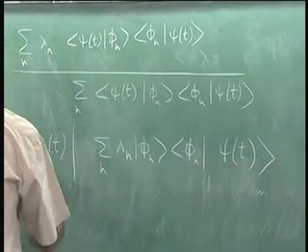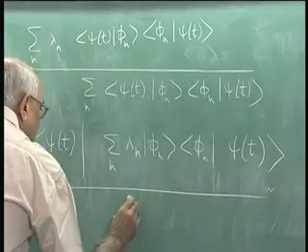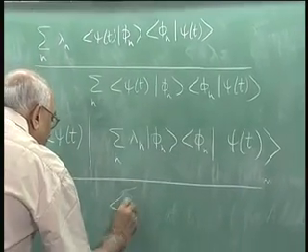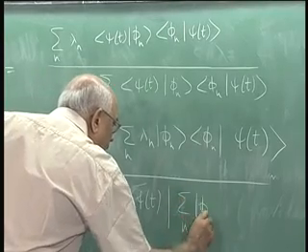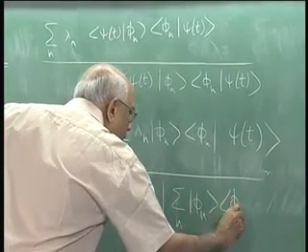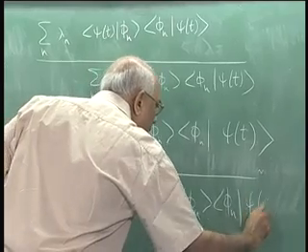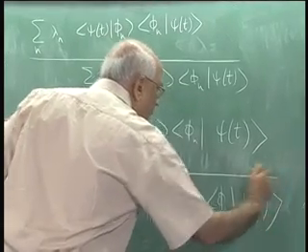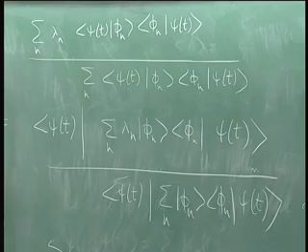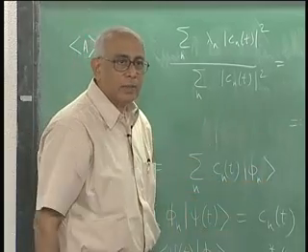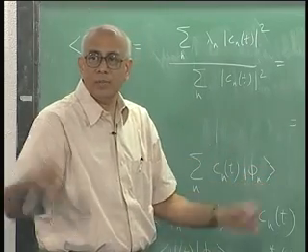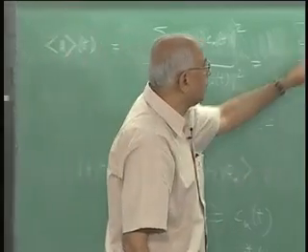Now you see the power of this notation, this is psi of t, summation over n, phi n, psi of t. This whole thing is a number, so it must have two angular brackets, a sharp point on the left, arrow on the right, which is what it is.